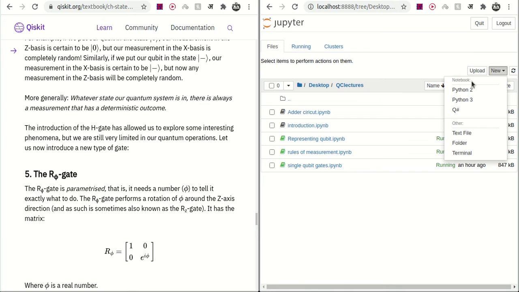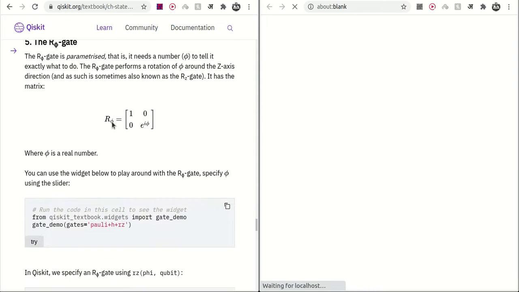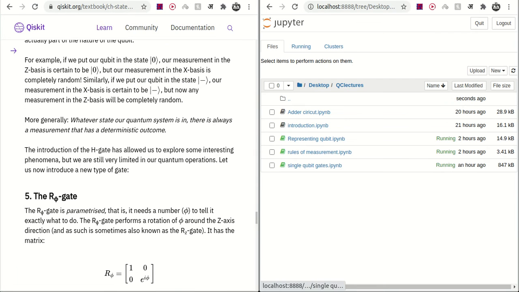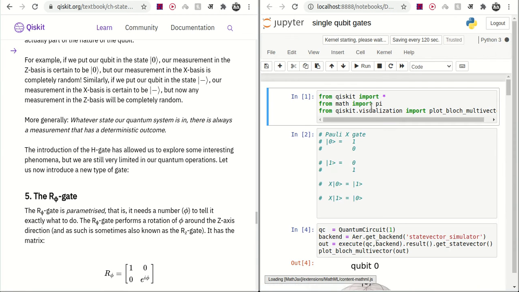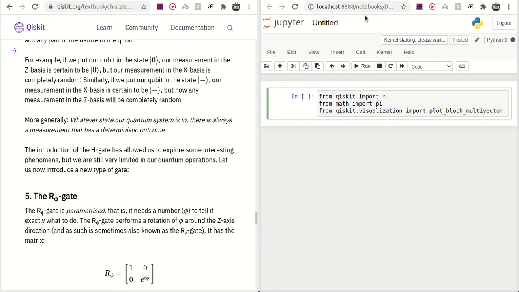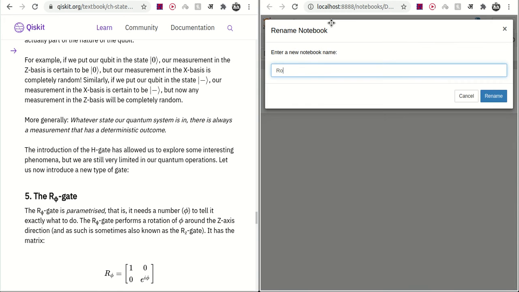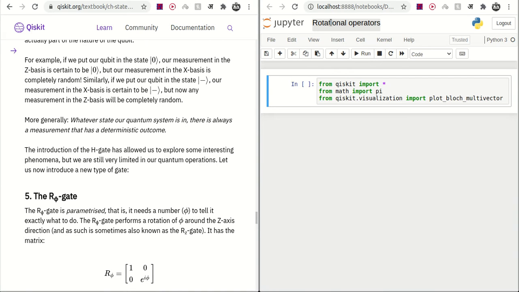So let's create a new file, Python 3, and copy the initial rotational operators. Every operator is in general a rotational operator, but we are considering it as a general rotational operator. So this is our name, and then we run this.